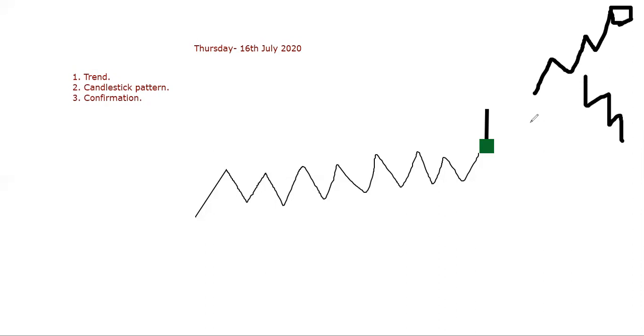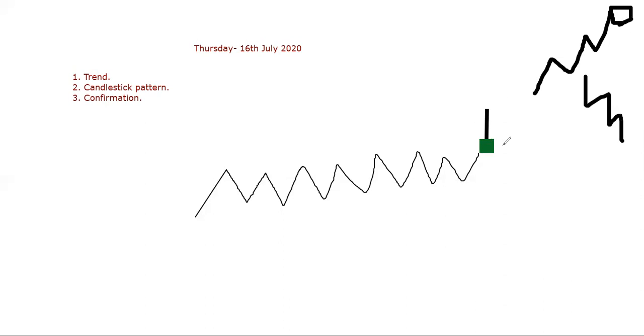The shape and size of the candle is the same, but the name changes with where it forms. But again, the name is not important.